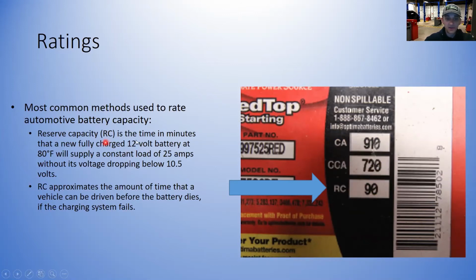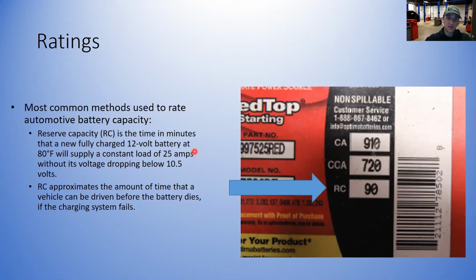So the reserve capacity is a time in minutes that a new fully charged 12-volt battery at 80 degrees Fahrenheit, is how it's tested, will supply a constant load of 25 amps without its voltage dropping below 10.5 volts. This is approximately the amount of time that a vehicle could be driven before the battery completely dies if the charging system fails.